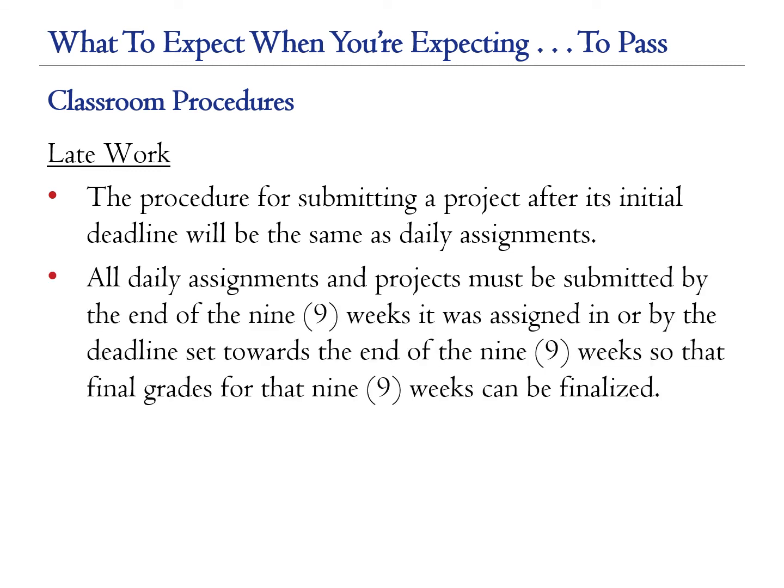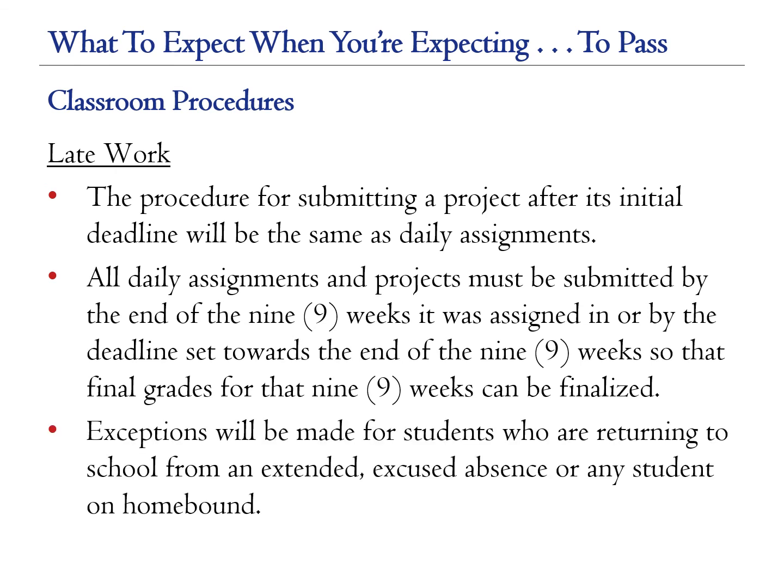All daily assignments and projects must be submitted by the end of the 9 weeks it was assigned in, or by the deadline set towards the end of the 9 weeks, so that final grades for that 9 weeks can be finalized. Exceptions will be made for students who are returning to school from an extended excused absence or any student on homebound.